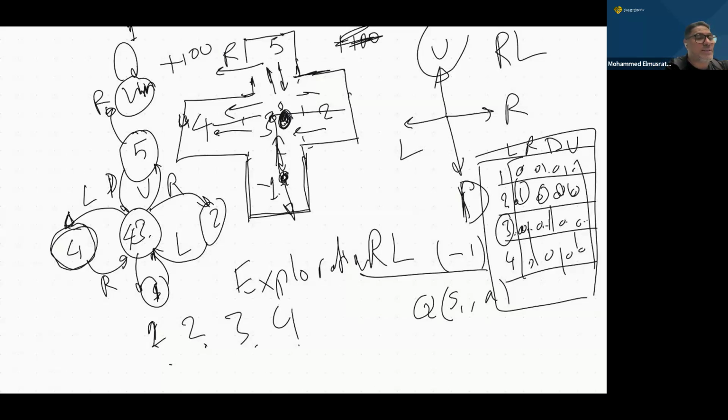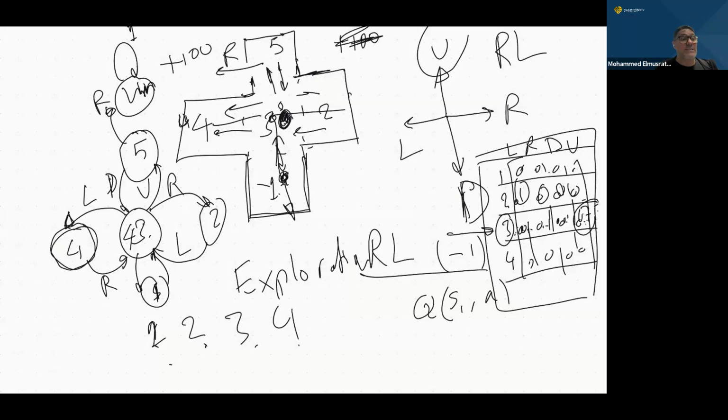To go down, maybe it is 0.01, and to go up is, for example, 0.75. So the maximum is to go up. Wherever you are in state 3, the maximum Q, the same average that we saw before, if it is to go up, then automatically it will go up.